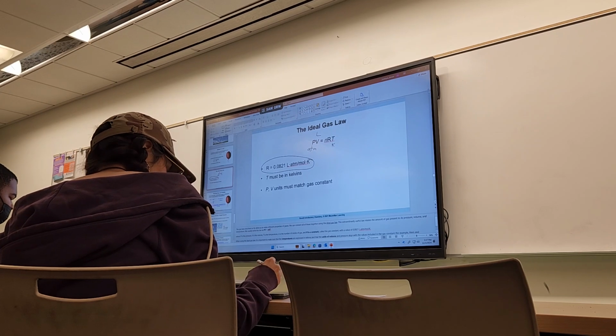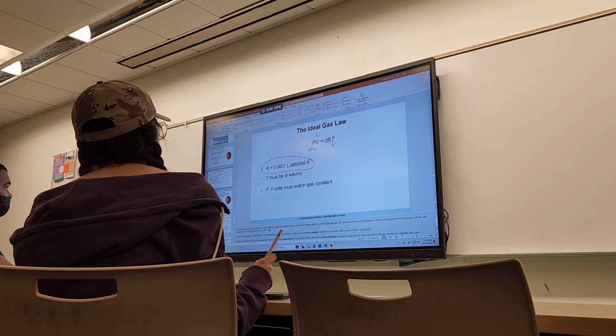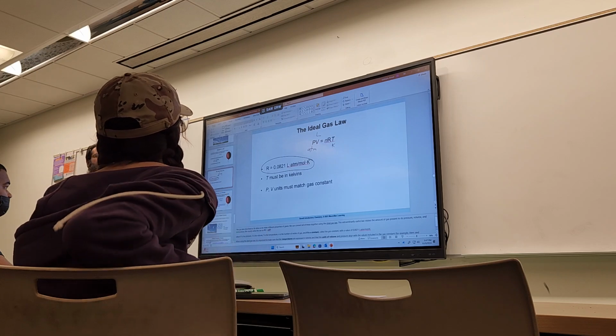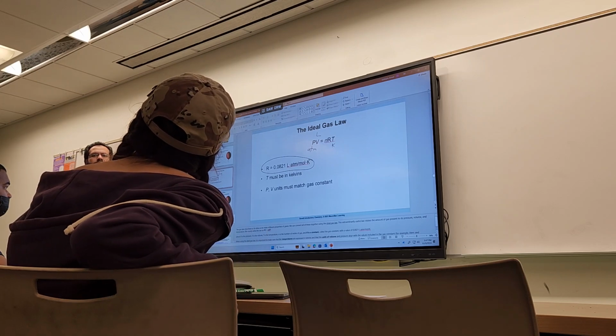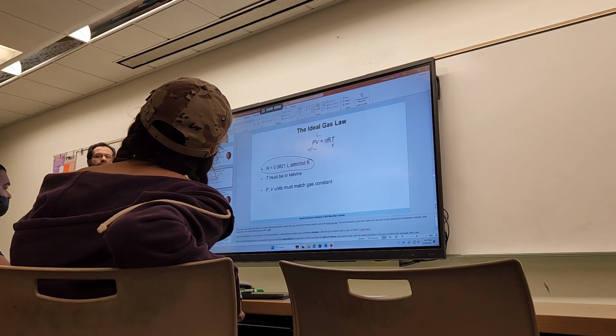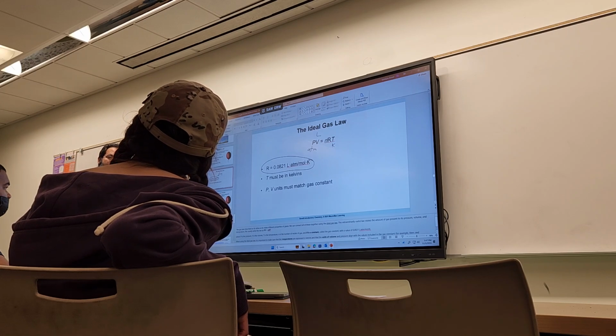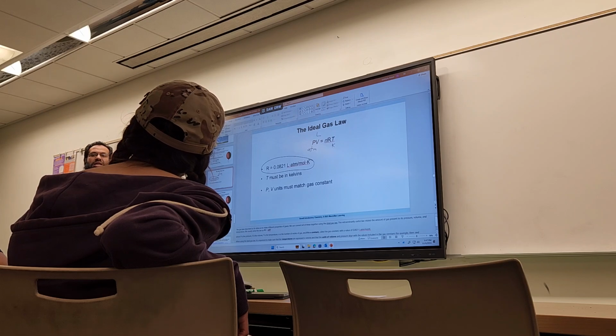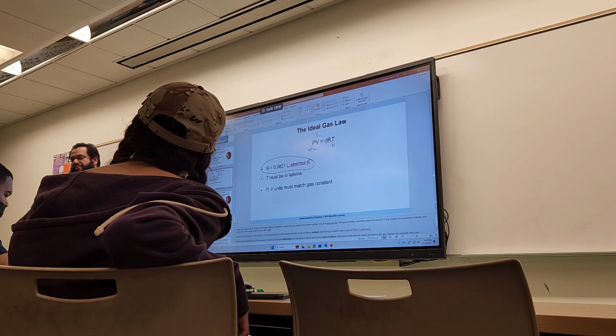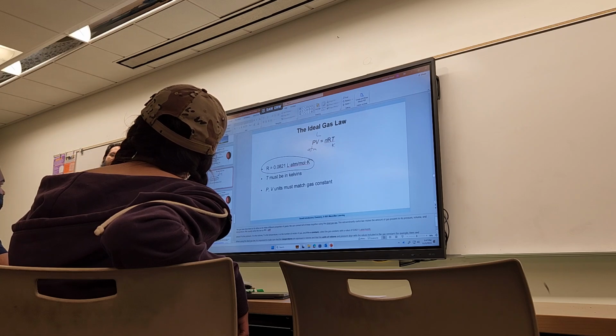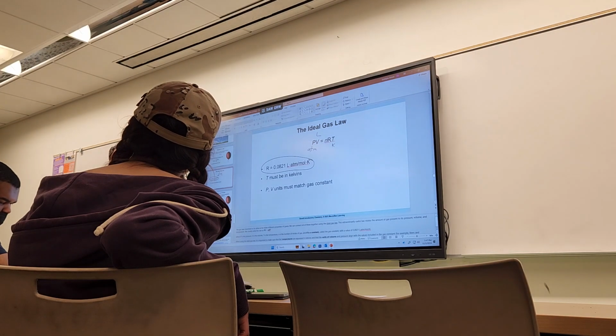Yes? If we're given R and we need to convert it, like we have it in a different form of pressure, are the conversions going to be given? For R? Or for the conversions for pressure? You'll be given the conversion for pressure. For example, if you're given a pressure in torr, you will also be told how many torr in one atmosphere. But the R value that we are using is going to be this one.